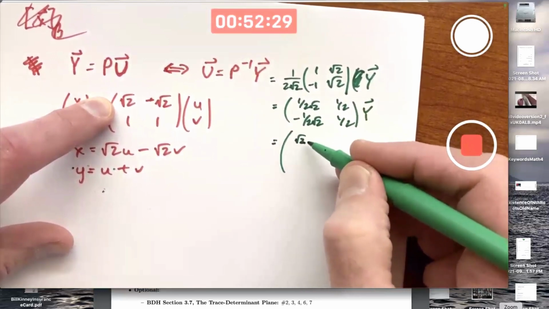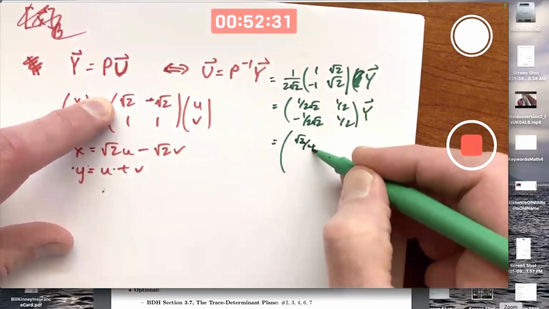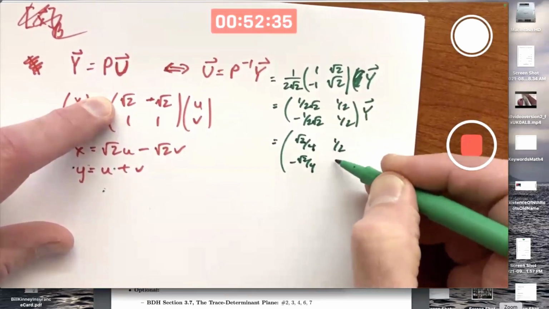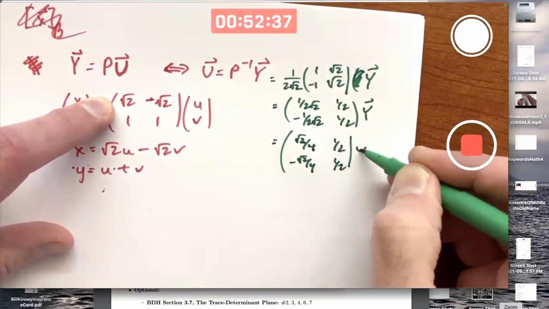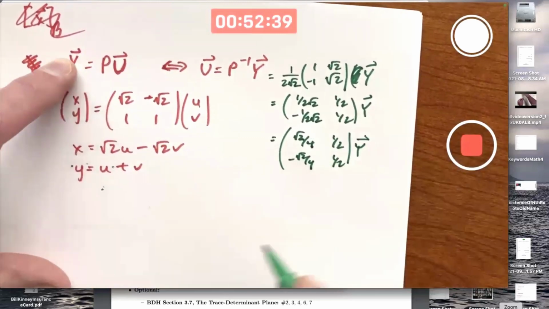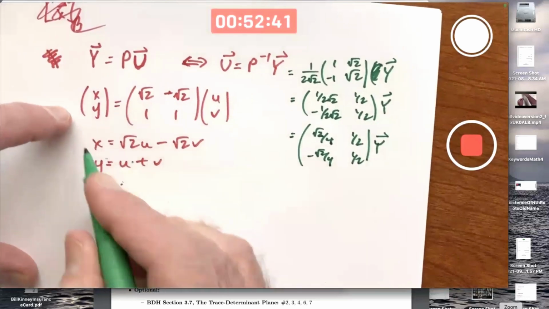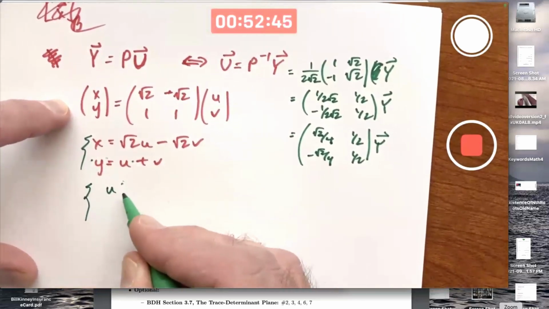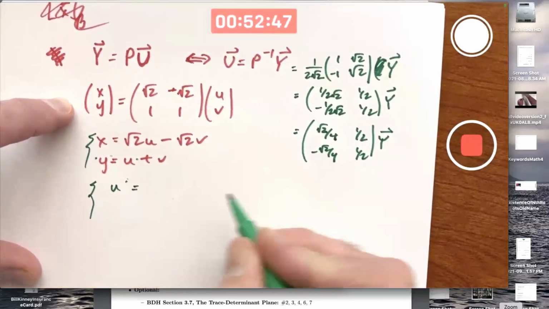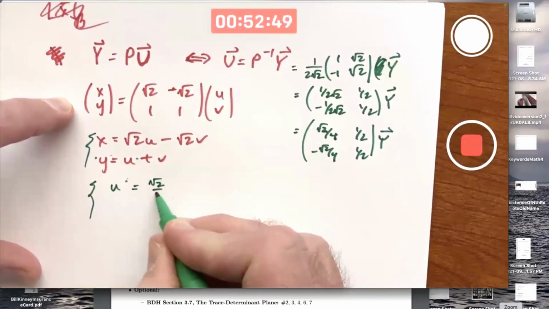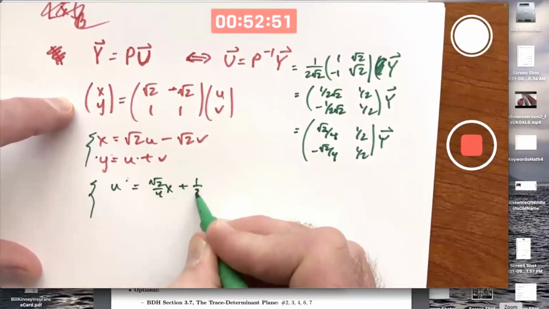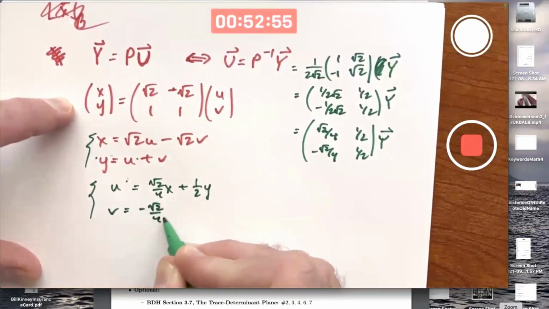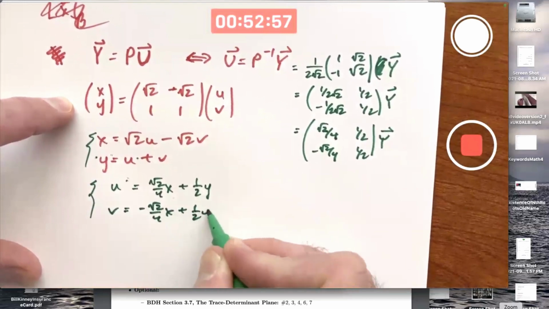We'll get square root of 2 over 4 minus square root of 2 over 4. So all this is trying to say is that if you solve this system for u and v in terms of x and y, u will be square root of 2 over 4 times x plus 1/2 y. v will be negative square root of 2 over 4 times x plus 1/2 y.